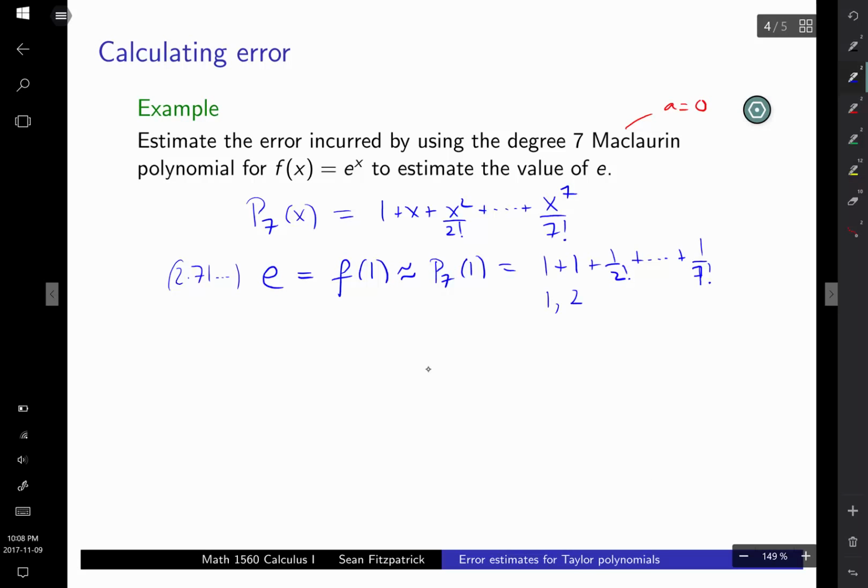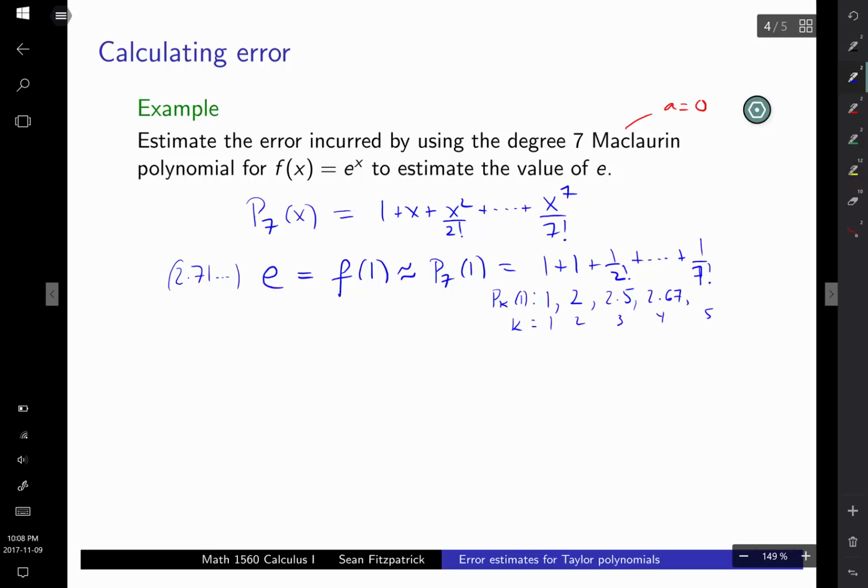If you only do one term, you just have 1. You add the next term, now 1 plus 1 is 2. You add a half, now you're at 2.5. The next term, 1 over 6, you're adding about 0.17, so you get up to like 2.67. Here's p_k for k equal to 1, 2, 3, 4.